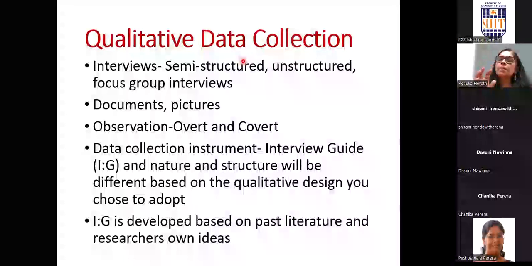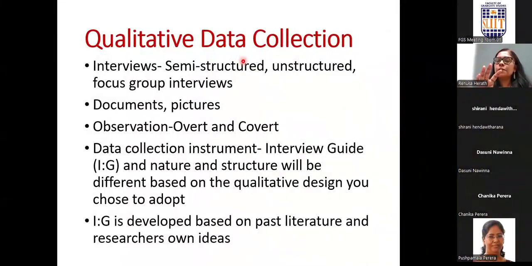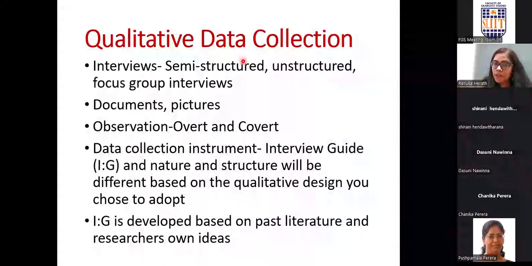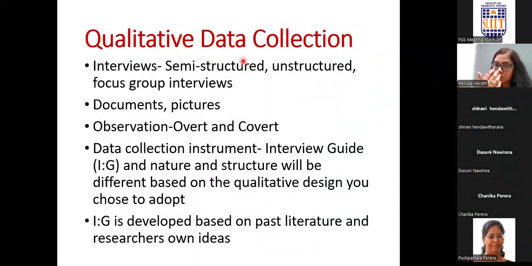Now, since the purpose of carrying out a research is to find out the answers for your research questions, and in qualitative research, research questions start with how and why, and following the nature of those questions, the answers should be very descriptive in nature, we are supposed to carry out a data analysis technique called thematic analysis.